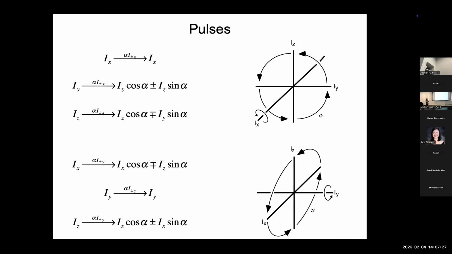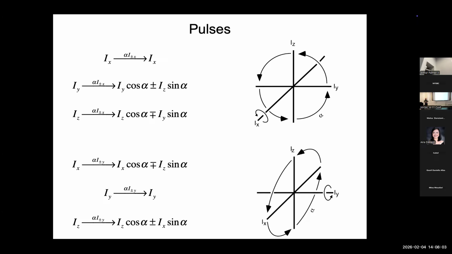And then pulses. We know an X pulse does nothing to X magnetization. An X pulse takes Y to plus Z. And Z goes to minus Y with the next pulse and so on and so forth. So that's it. Those three figures are everything we need to know to work our way through a pulse sequence bit by bit.